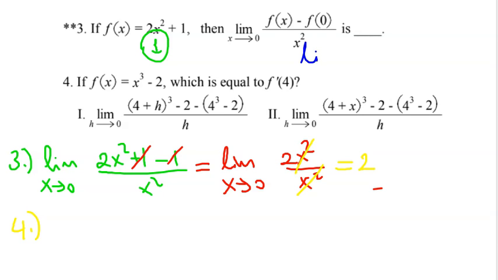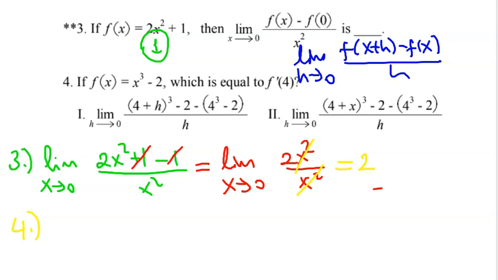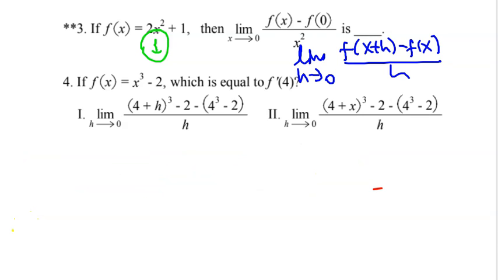The limit as h approaches 0, if I apply the limit approach, we're going to get f of x plus h minus f of x over h. So if I substitute x plus h into this function for x, let's see what's going to happen.